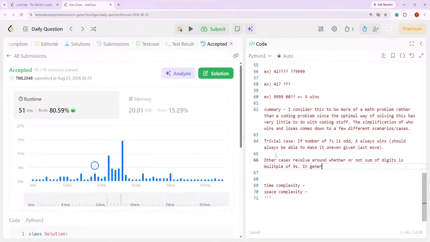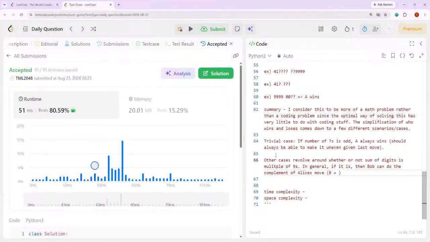In general, if it is, then Bob can do the complement of Alice's move.